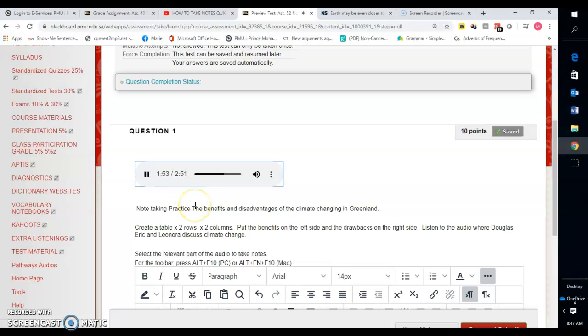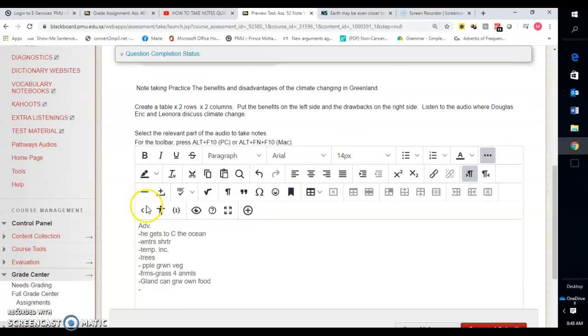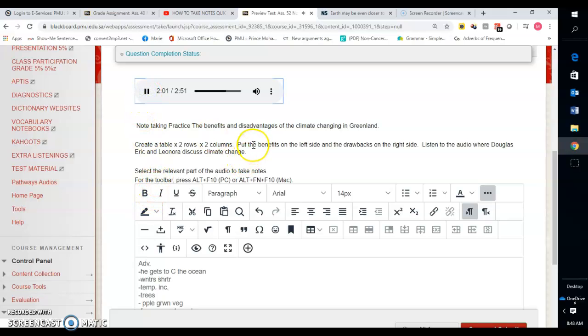Just like the land, but here's the problem. If all of Greenland's ice melts, sea levels will rise 24 feet. 24 feet?